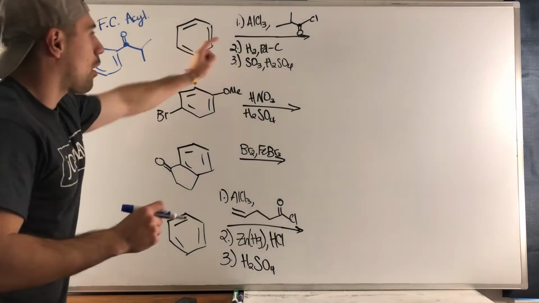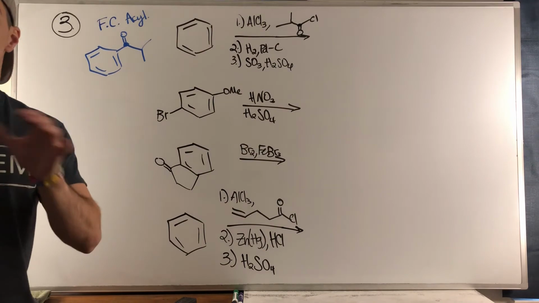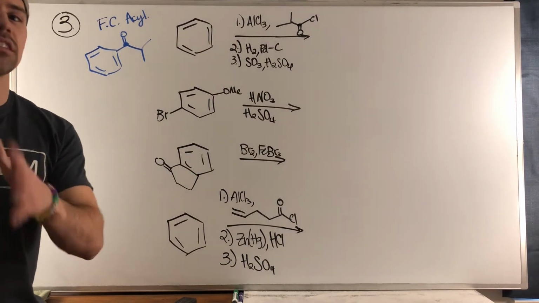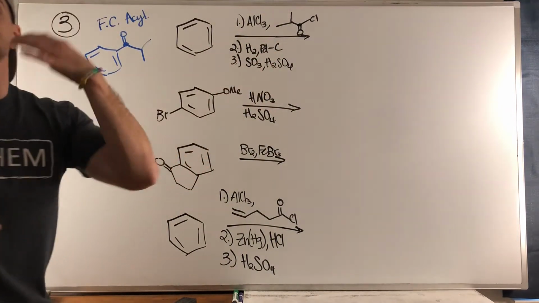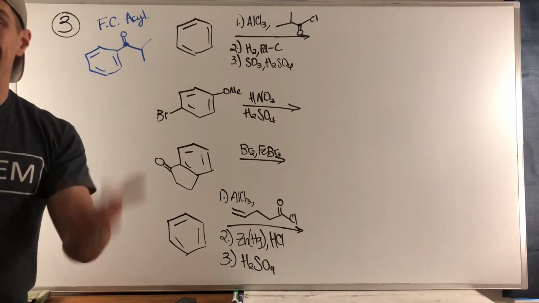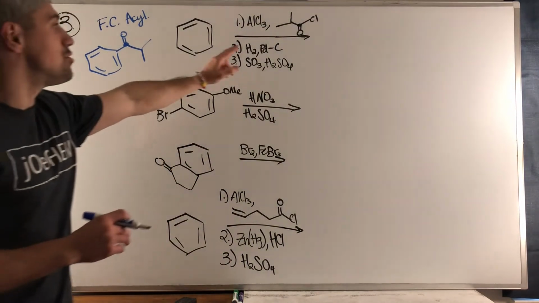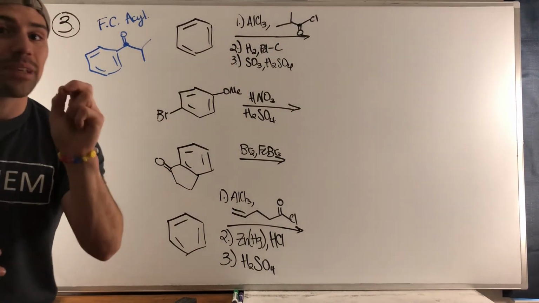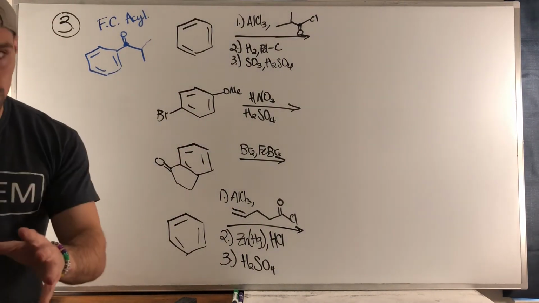Okay, so step 2, H2 and PDC. Now, we did talk about this in a helper reaction video, and I believe there's even a dedicated reduction video. But we use this commonly to reduce double bonds, right? Alkenes, alkynes, right? Units of unsaturation, you would call. However, H2PDC also works specifically on carbonyls for the benzylic position only, okay?